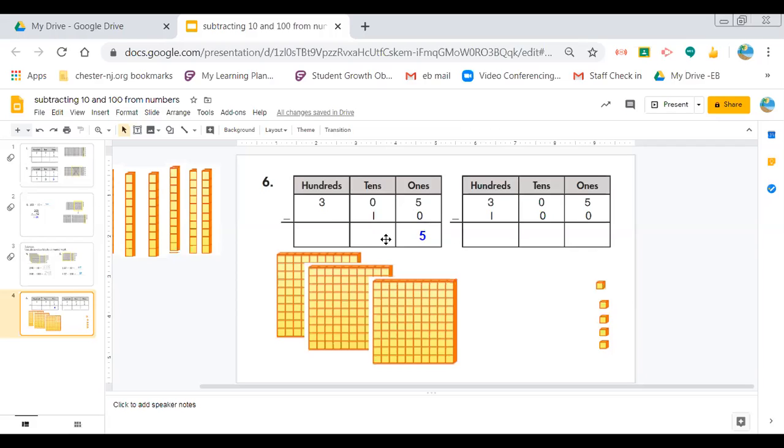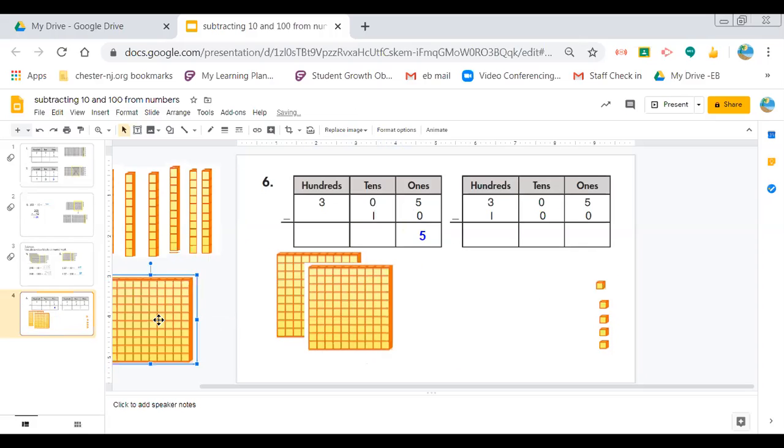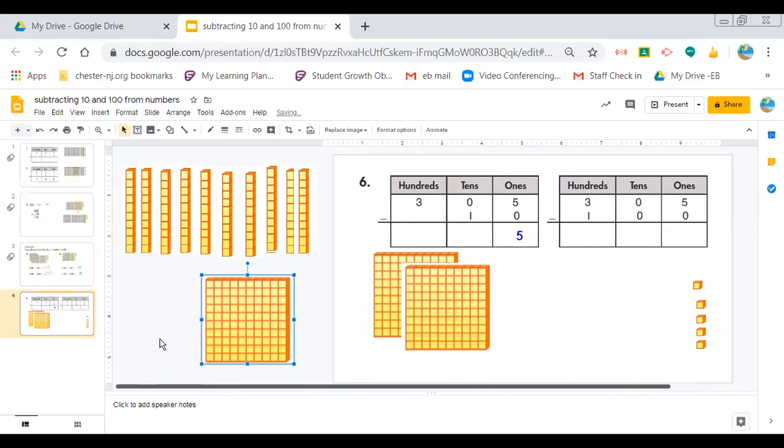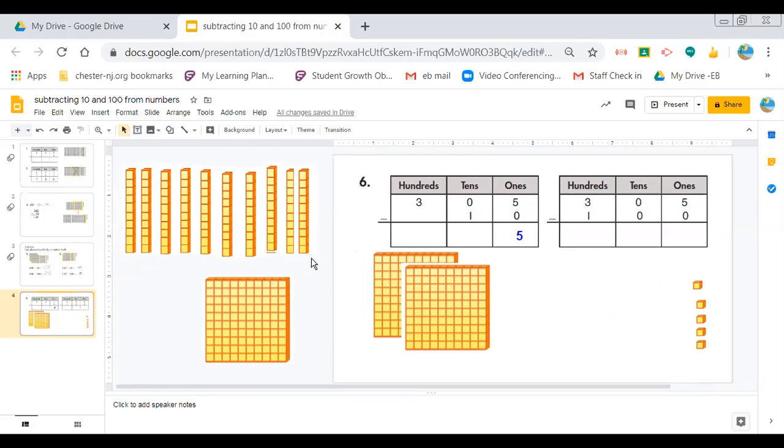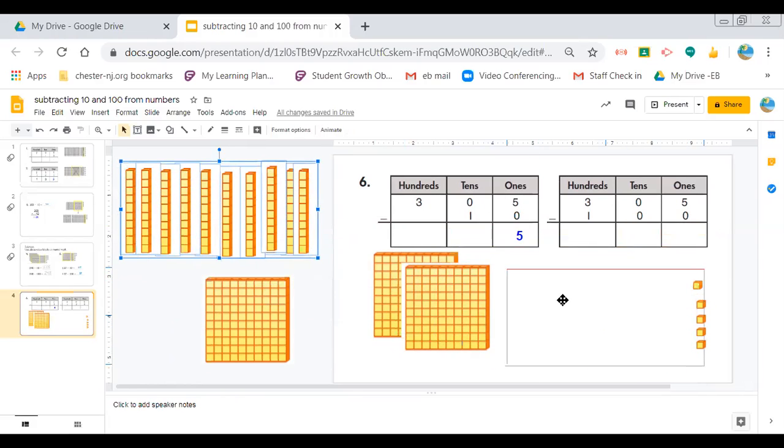But again, I can't subtract 10 from 0 tens. So I have to take this group of 100 and exchange it for 10 sticks of 10.